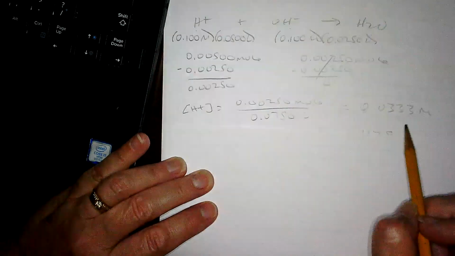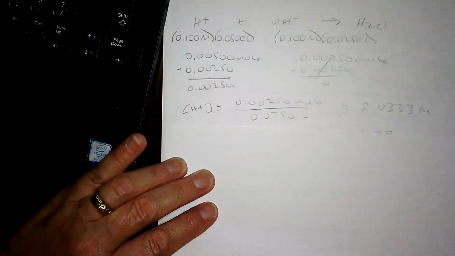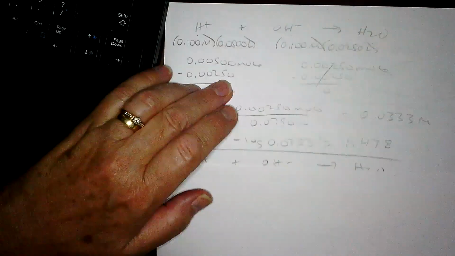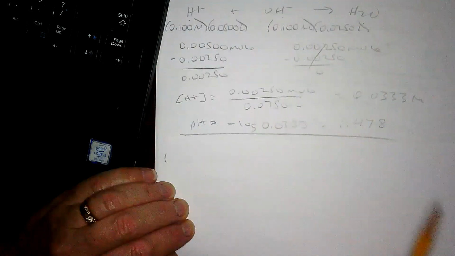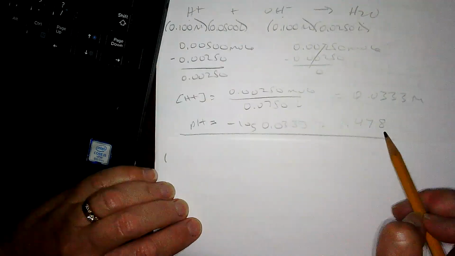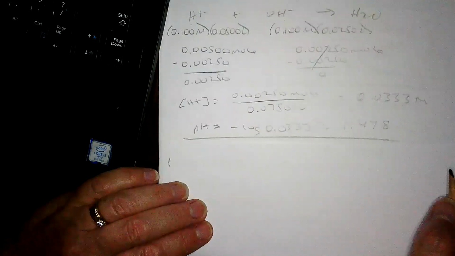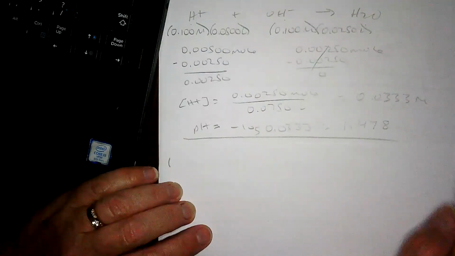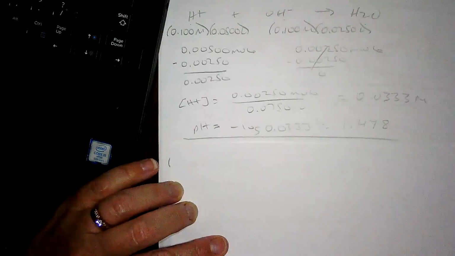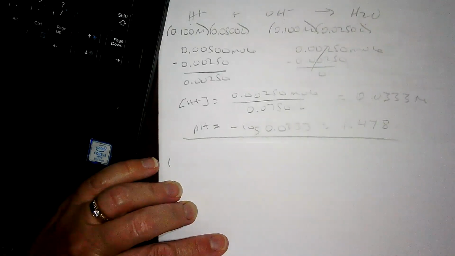That'll give us our molarity. And then take the negative log of that, and that'll give us the pH. So 1.478 is the pH at the first point in our titration. Okay, questions on that so far?